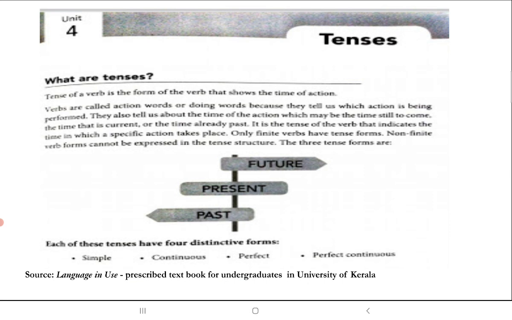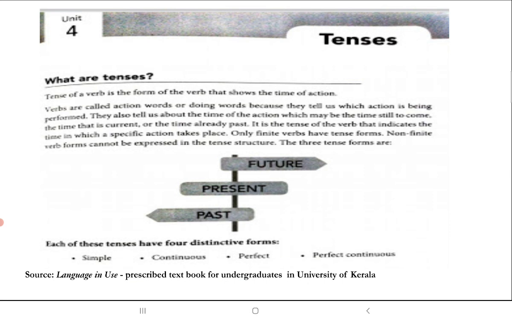Okay, so the 3 tense forms are past, present and future, as we mentioned. Each of these tenses has 4 distinctive forms that you might have learned in your lower classes, like simple present, present continuous, present perfect, present perfect continuous.